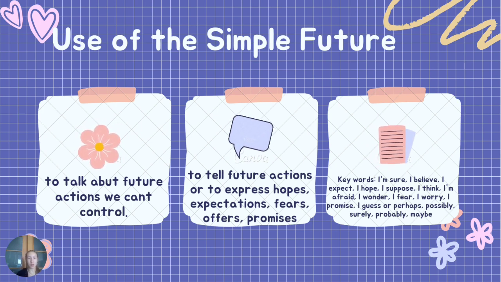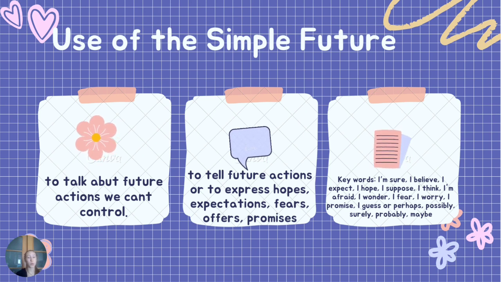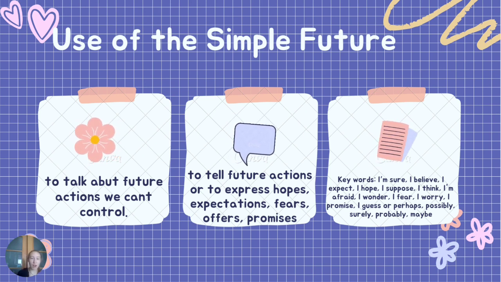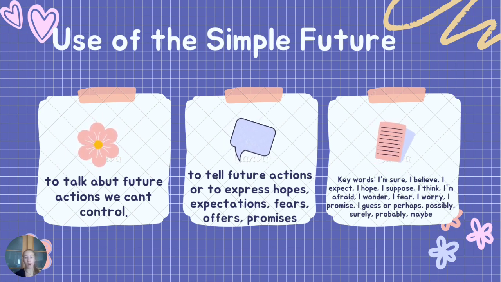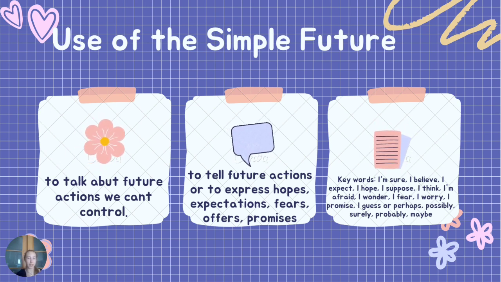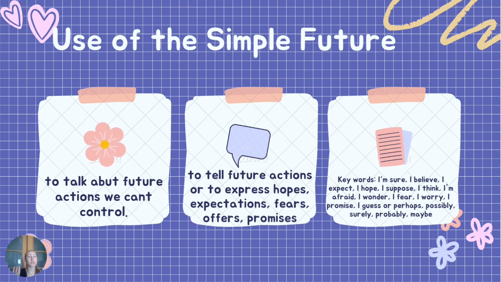So the key words for them, for example: I'm sure it will rain. I believe, I expect, I hope I will go to the cinema next week. I suppose, I think, I'm afraid, I won't, I fear, I worry, I promise I will study English next week. Or perhaps, possibly, surely, probably, maybe. These are the keywords also, marking words that help us recognize this is the simple future.